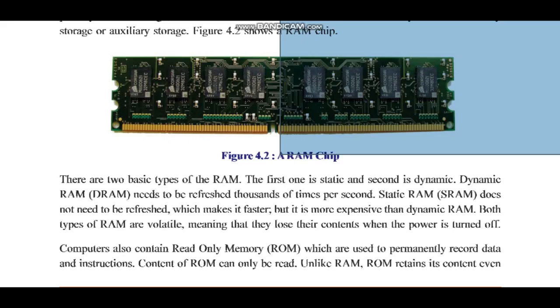Many times here they have mentioned that dynamic RAM needs to refresh thousands of times per second, but static does not refresh, which makes it faster, but it is more expensive than dynamic RAM.